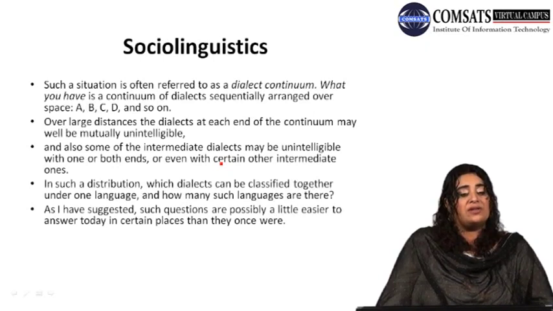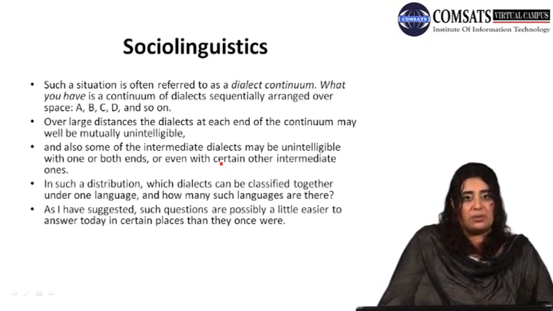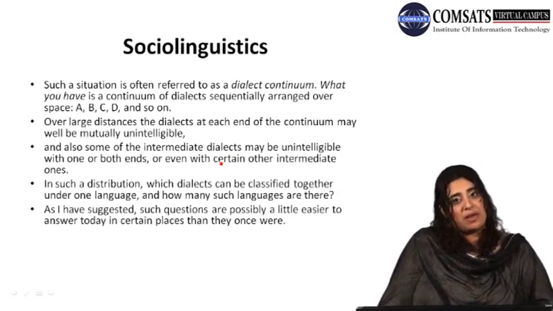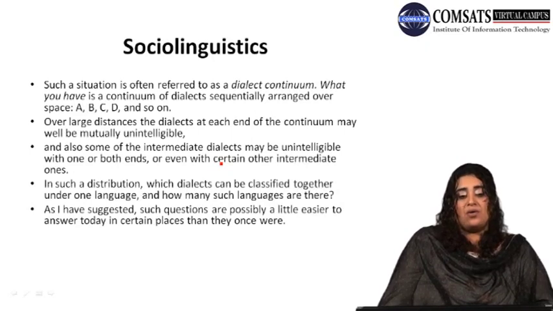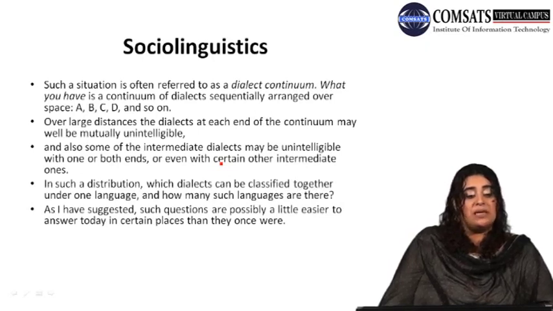What you have is a continuum of dialects arranged sequentially over space: A, B, C, D, and so on. Now, over large distances, the dialects at each end of the continuum may well be mutually unintelligible. Also, some of the intermediate dialects may be unintelligible with one or both of the ends.